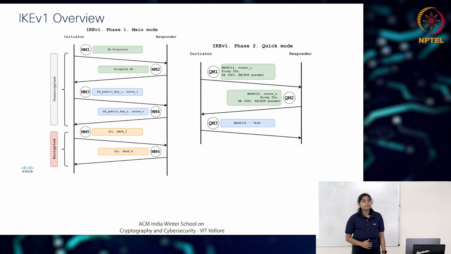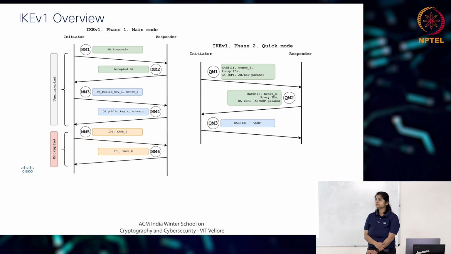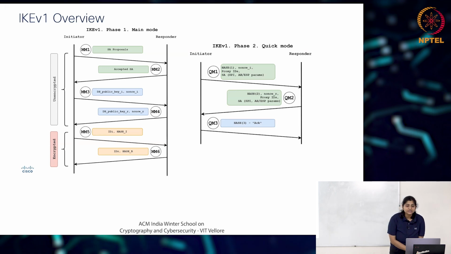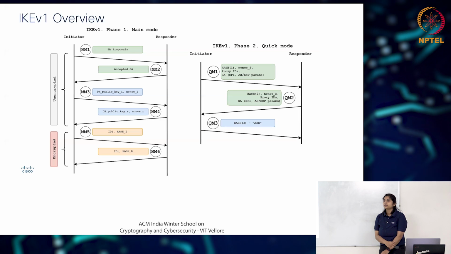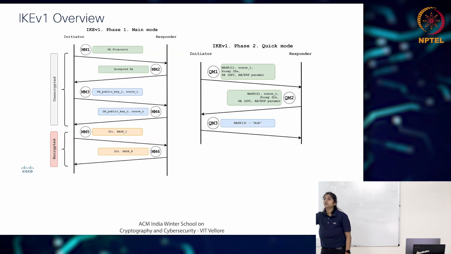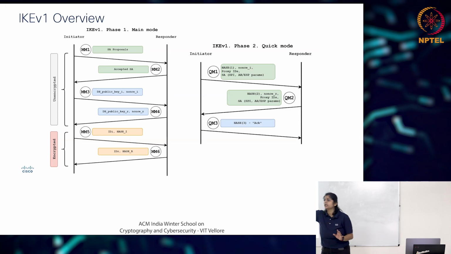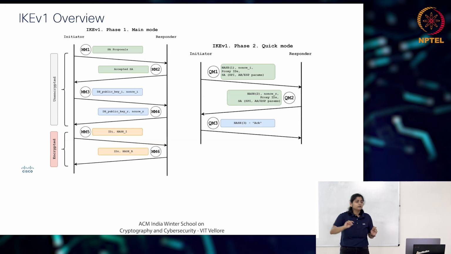Everyone opened the PCAP? Right. So you notice something, the initiator SPI. That is a nonce or a random initiator cookie. You know cookies, right? A cookie ID gets generated. There's a source cookie, a destination cookie.